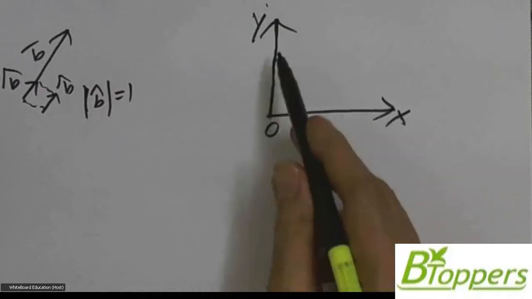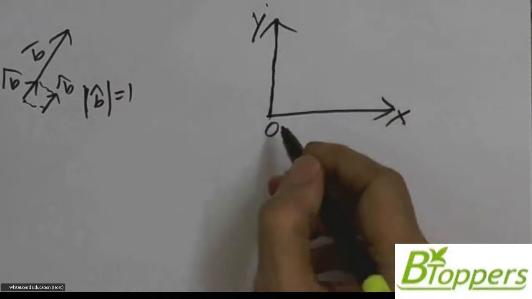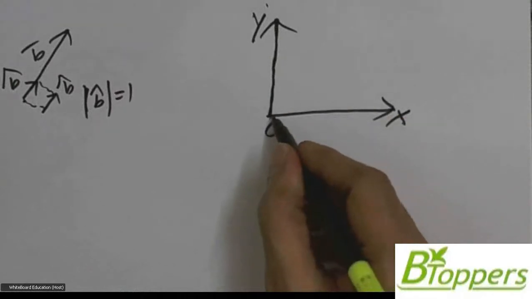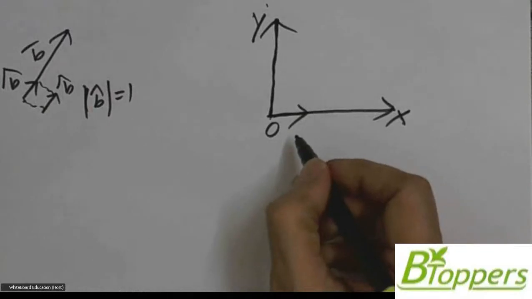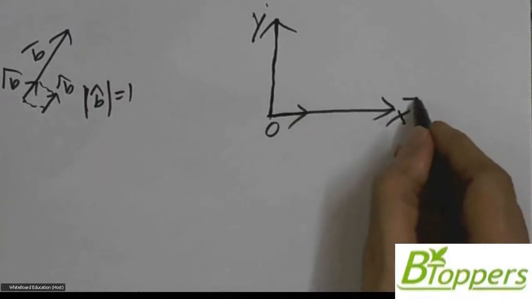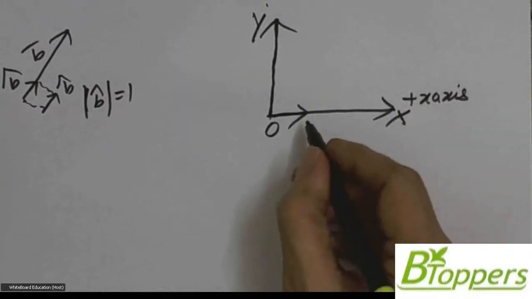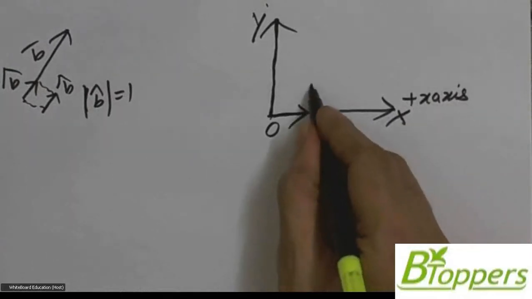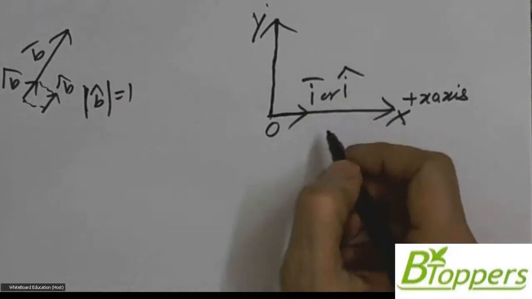Ox is the x-axis, Oy is the y-axis. The unit vector which acts along the positive direction of the x-axis is denoted by I bar or I cap.